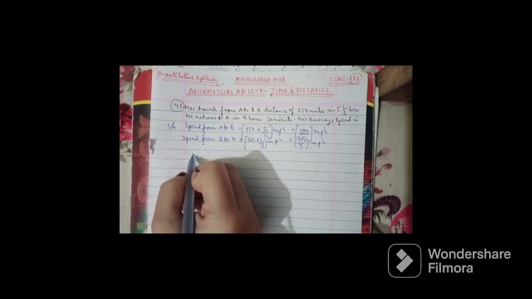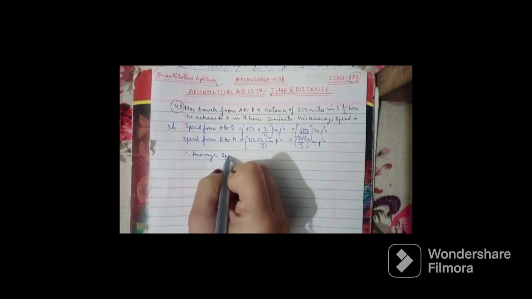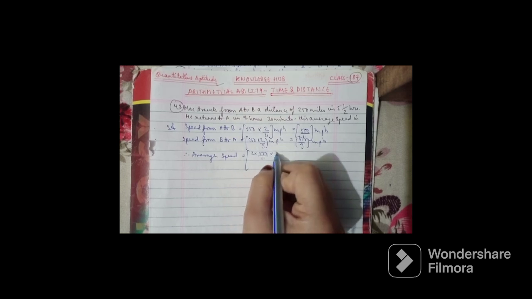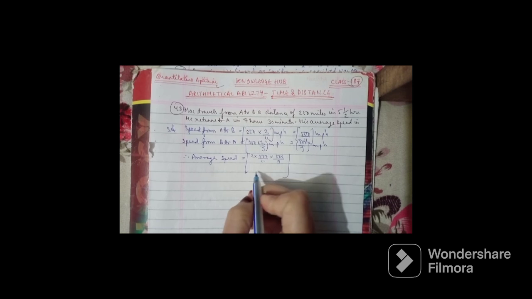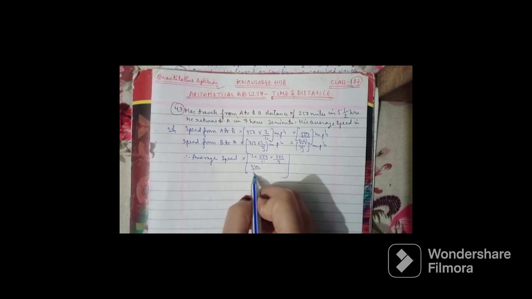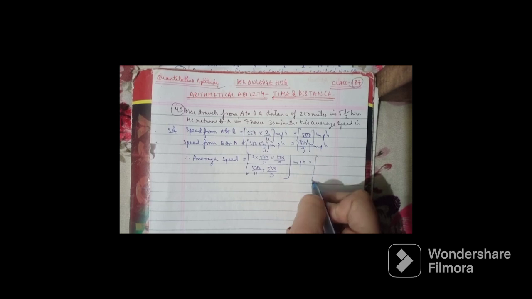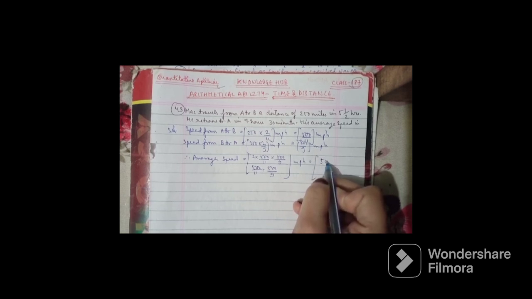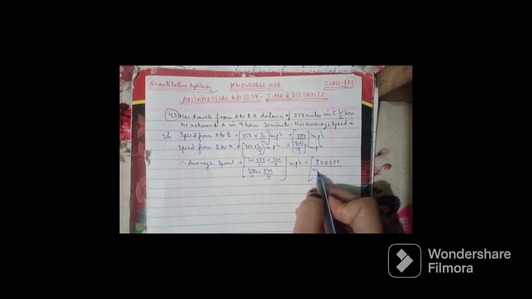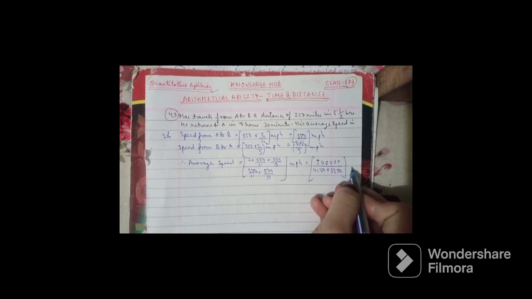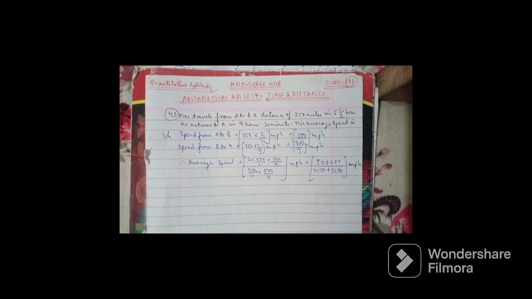Average speed equals 2 into 500 upon 11 into 500 upon 9, whole upon 500 upon 11 plus 500 upon 9 miles per hour, equals 5 lakh upon 4500 plus 5500 miles per hour. It will give 50 miles per hour.